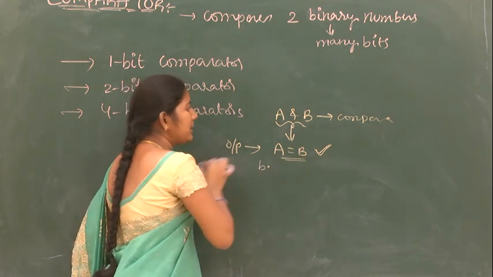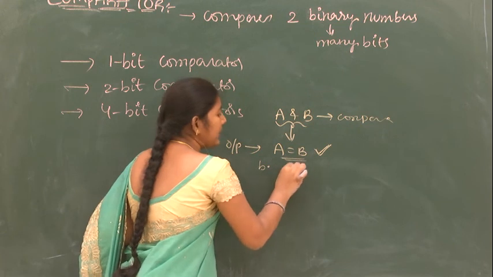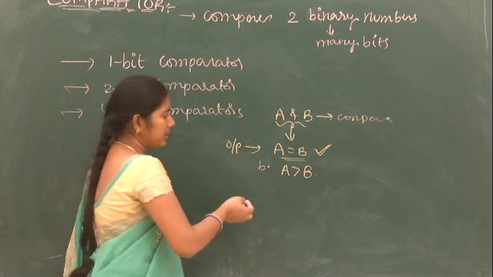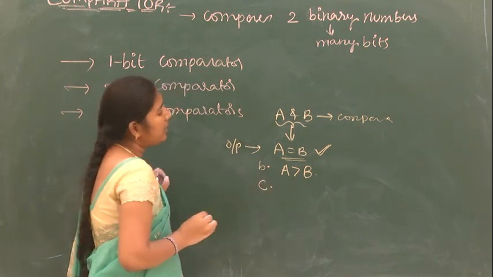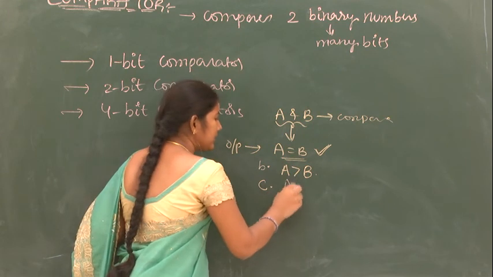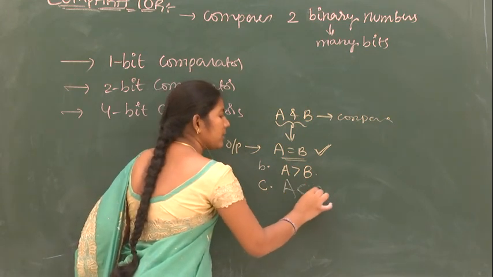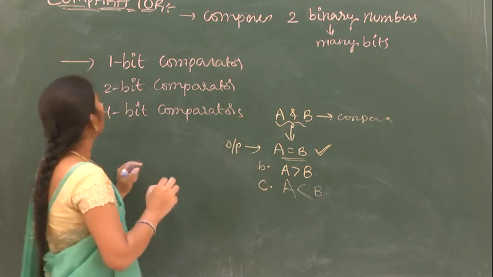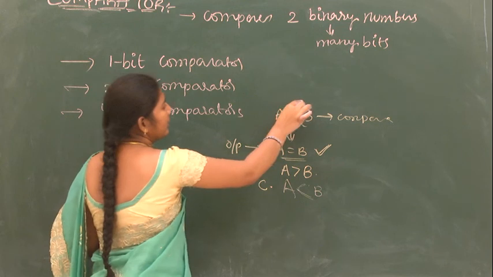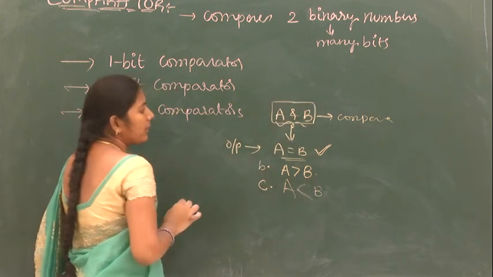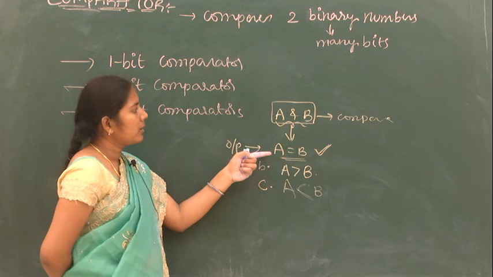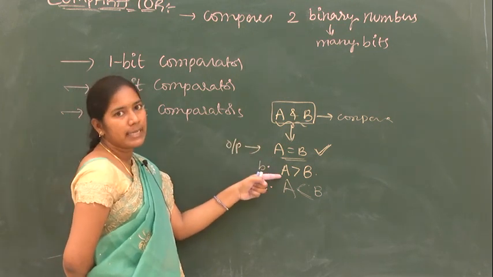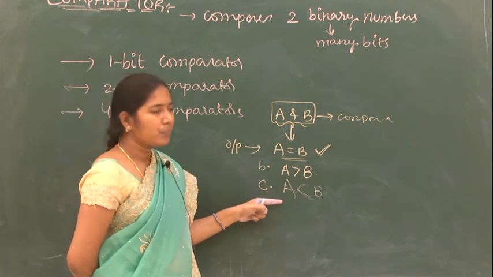The second possibility is that A may be greater than B. Similarly, one more possibility is that A may be less than B. So if you are comparing two binary numbers, the possible outputs are that the two numbers are equal, or one number is greater than the other, or one number is less than the other.